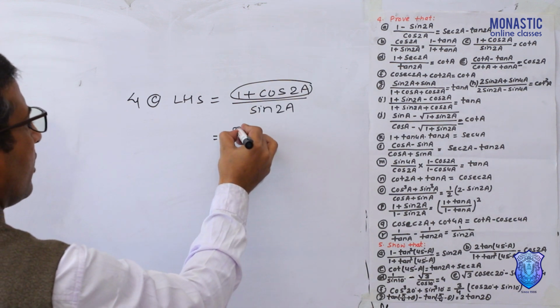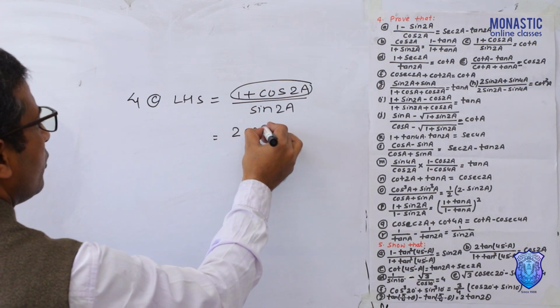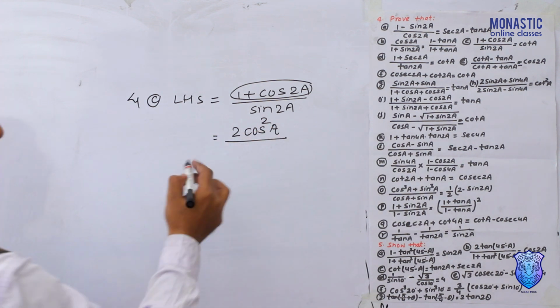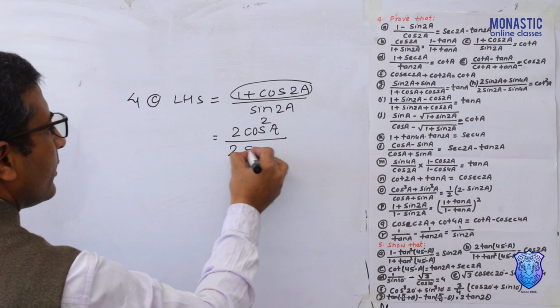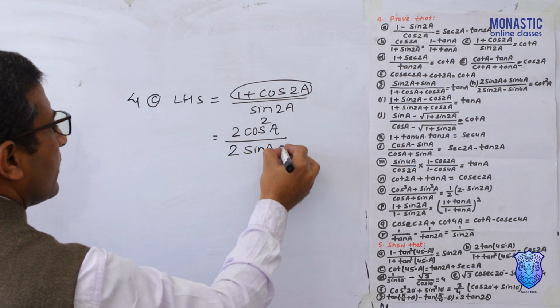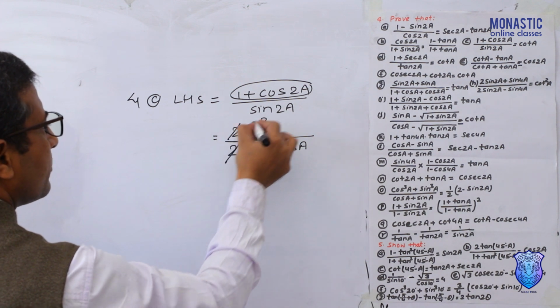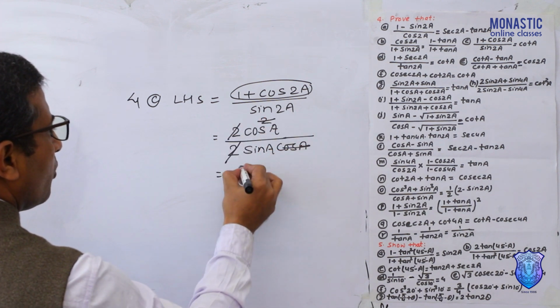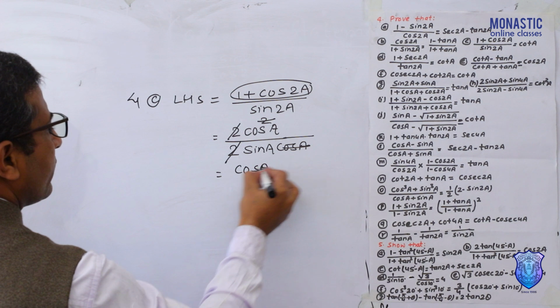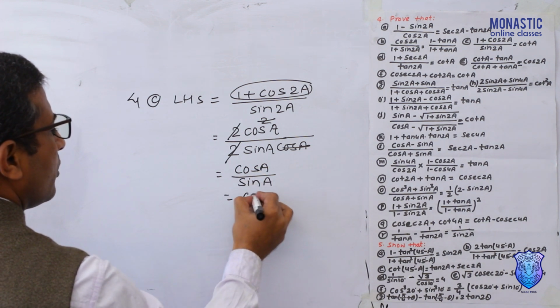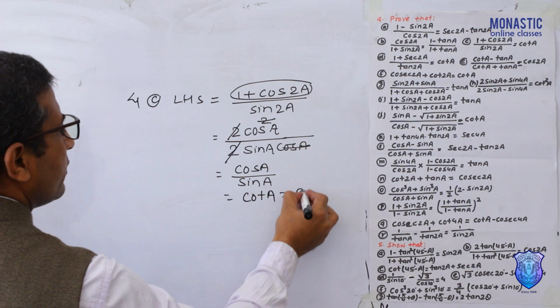We have the formula of 1 plus cos 2A, 2 cos square A, and we have the formula of sin 2A, 2 sin A cos A. Then do the simplification. What came? Cos A by sin A is equal to cot A. That's your result.